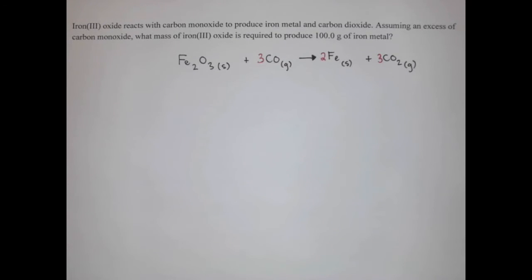If you take Chemistry 30, or an equivalent course, you'll learn about something called redox chemistry. Redox reactions, and this reaction is actually a type of redox reaction. This involves a transfer of electrons.